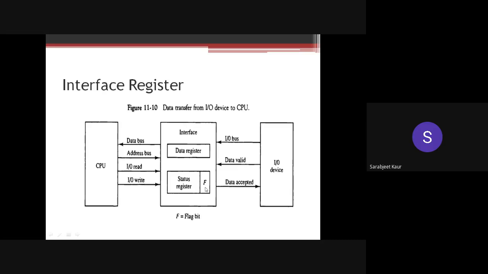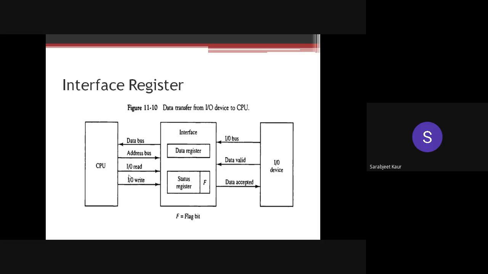Now once this is set, the CPU receives the data from the interface of the IO device and puts it into the main memory. After that, it checks, is the transfer complete? If the transfer is not complete, then it has to repeat the same procedure.